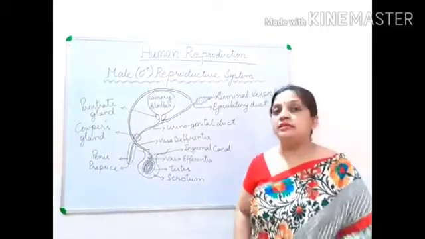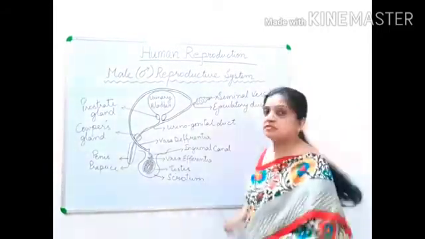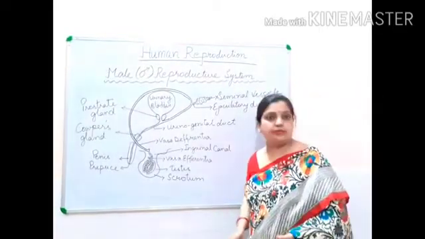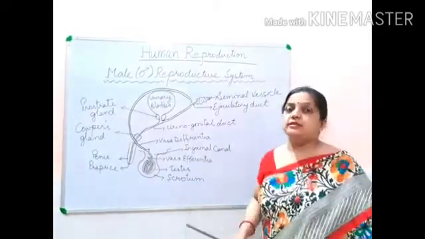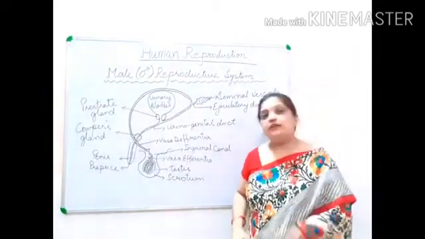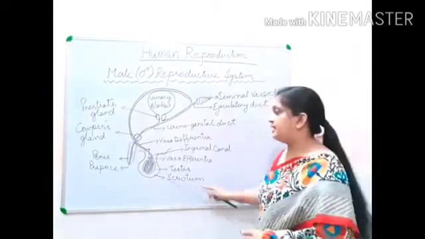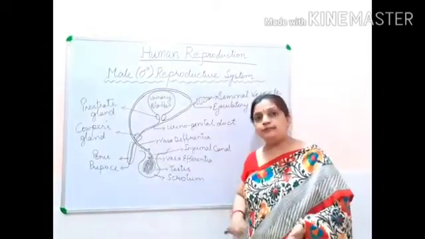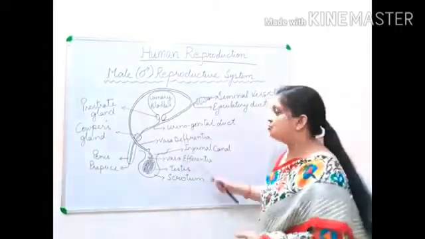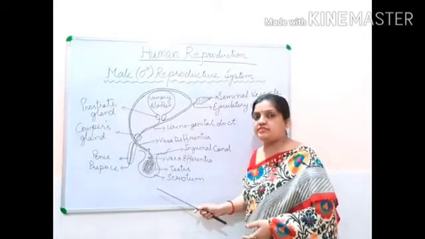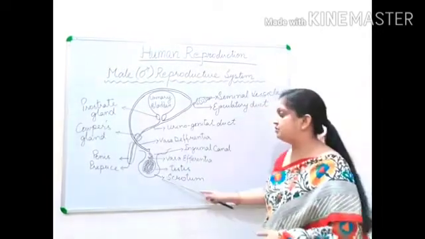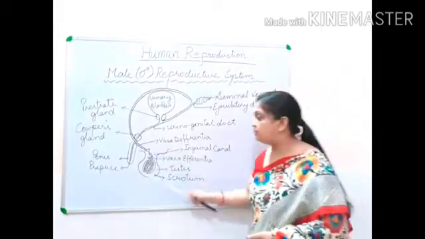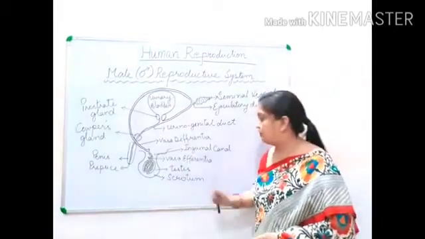This happens only in males because the testis is a male primary sex organ. So when the child is in the fetal developmental stage, the testis migrates from the internal abdominal male reproductive system to the external one, that is your scrotum. I hope this much was clear to you about the structure of your scrotum.